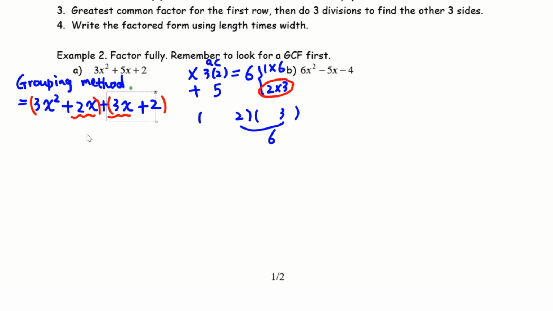Then we factor the first two terms and factor the last two terms by factoring out the greatest common factor. 3x squared plus 2x. Common factoring, 2, 3 prime numbers, they don't have a greatest common factor other than 1, so 1 doesn't count.